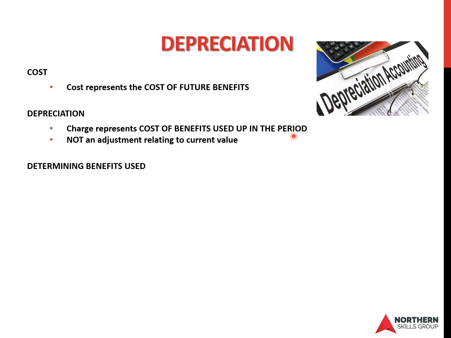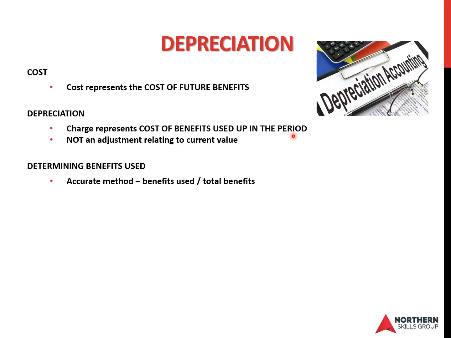And there are usually three ways in which that depreciation charge can be calculated. Firstly, and rather unusually, it can be calculated by reference to the actual benefits used up in the period.